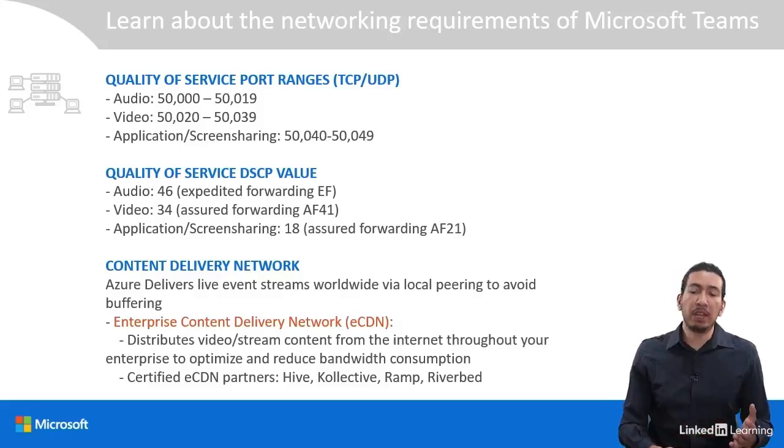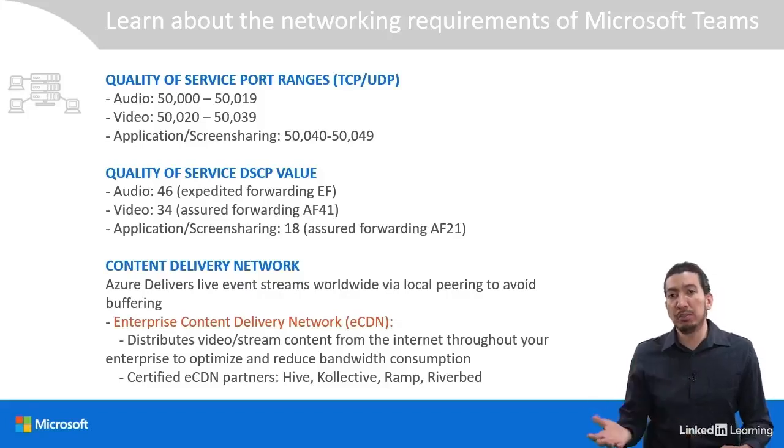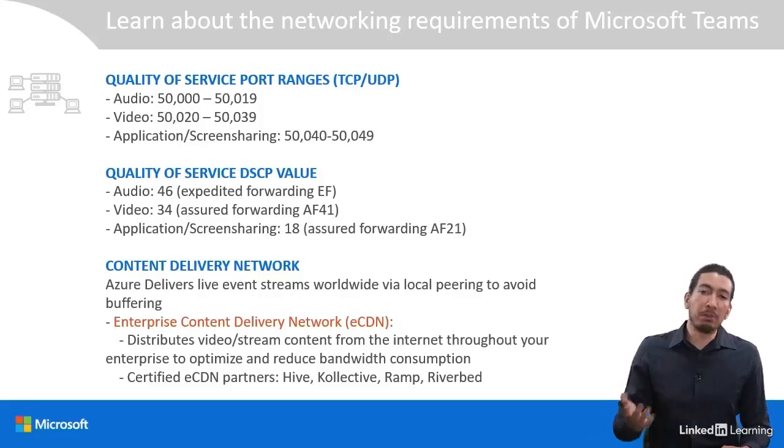Another important network-related topic is the content delivery network. It can be used to provide a fast, reliable, and secure experience for users by distributing video or stream content throughout your enterprise to reduce network consumption.